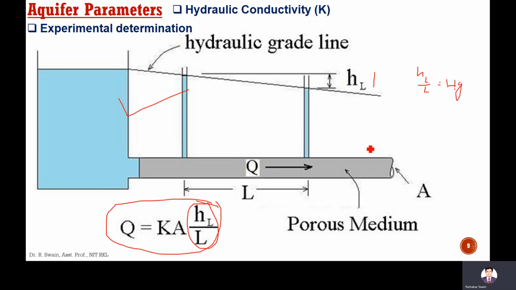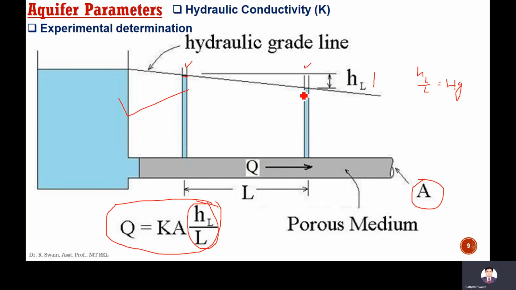Here in the experiment, this is the pipe where water is supposed to flow, and A is the cross-sectional area of this pipe, and Q is the discharge flowing in this pipe. Here these are two piezometers, just to measure the piezometric head.